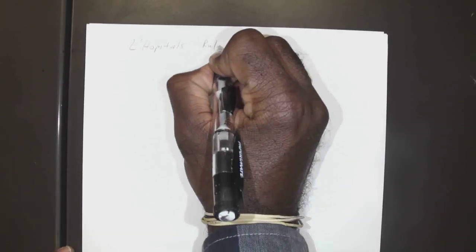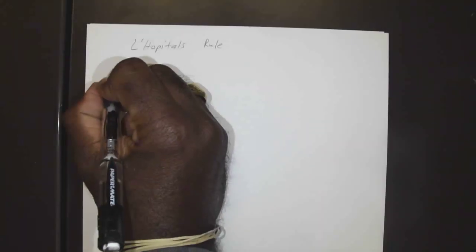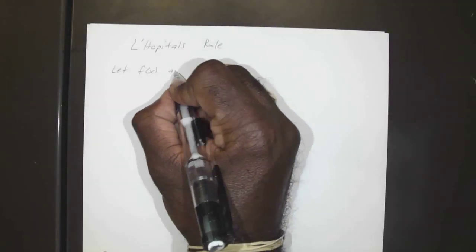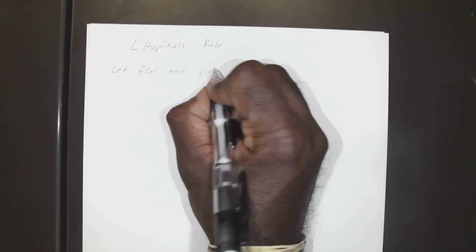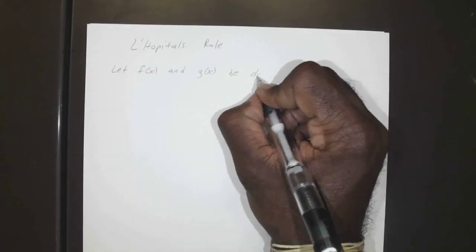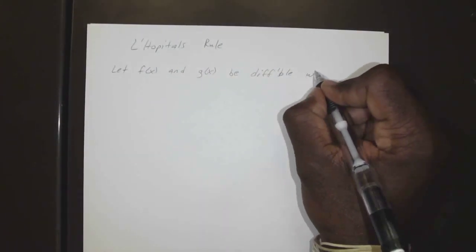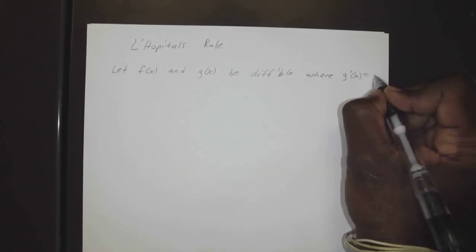L'Hopital's rule. Okay, so that says we let some function f of x and some function g of x be differentiable, where we know that the derivative of g doesn't equal 0.